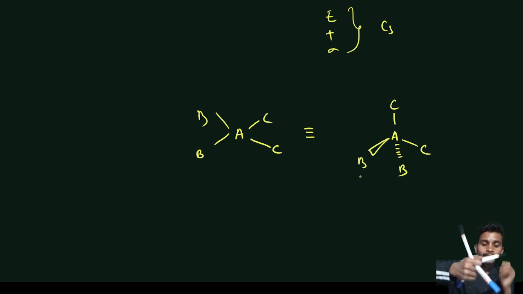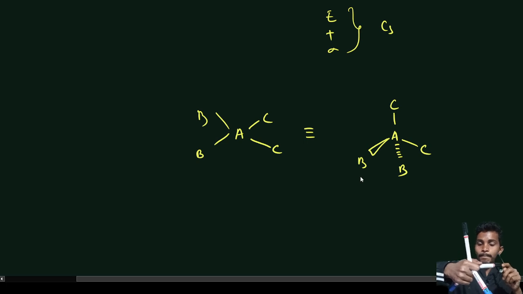So in that case, what axis is present? If I pass this axis, C3 is absent. So here E is present. E is obviously present for everyone, and one plane we can pass, that is sigma. Obviously sigma is there. If you cut, this gets reflected, so sigma is there.